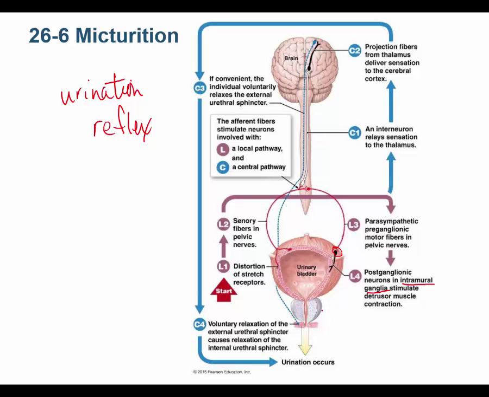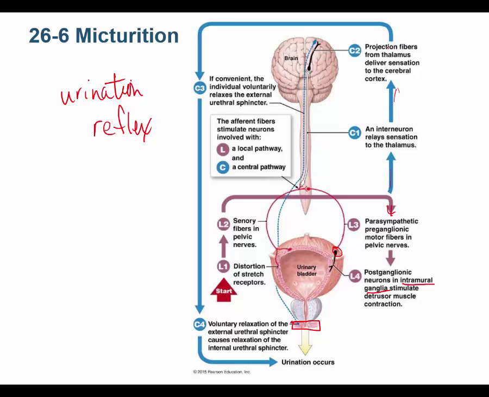Meanwhile, the external urethral sphincter is contracted, and that requires a voluntary relaxation for urination to occur. In this local pathway through the parasympathetic nervous system, there's a branch off of it that goes up to the thalamus, and they deliver the sensation to the thalamus, which projects it to the cerebral cortex and says, hey, I have to urinate.